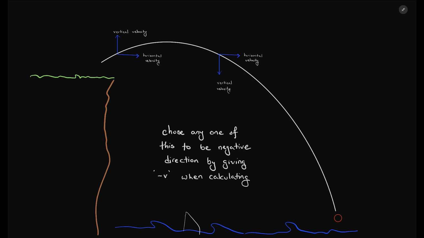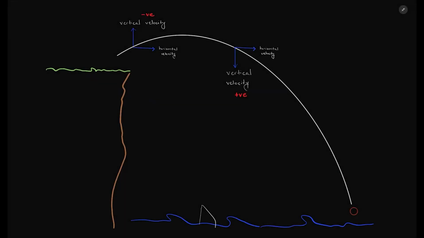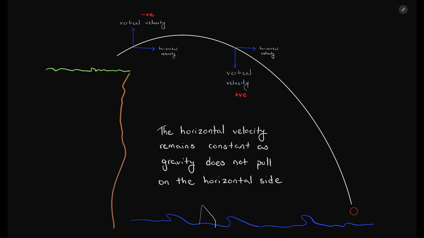That is why I prefer using positive values pointing downwards, and the vertical velocity that is moving upwards is given a negative value. You can choose the opposite, but I prefer using the positive velocity value for the downward movement of the projectile motion. Throughout the projectile motion, horizontal velocity remains constant as gravity does not pull on the horizontal scale.